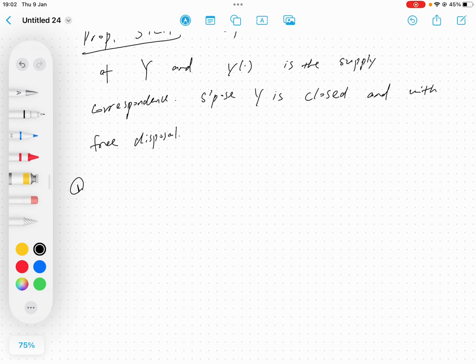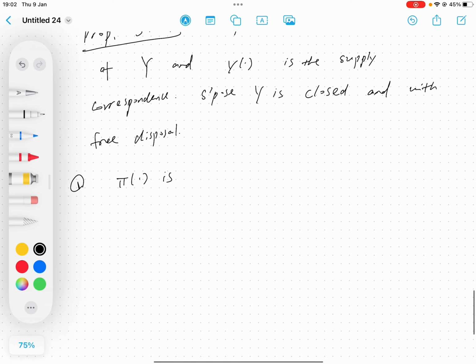So the first one is that this profit function pi is homogeneous of degree 1. And second, this profit function is convex.